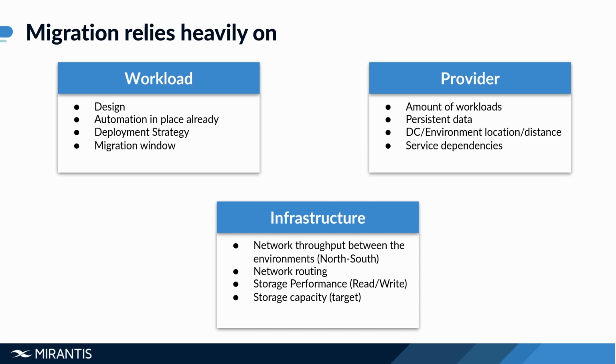Because at the end, limiting factors, and this is also part of the infrastructure box here, is for sure throughput of network and also storage performance. These two are the most limiting factors you have during a migration.